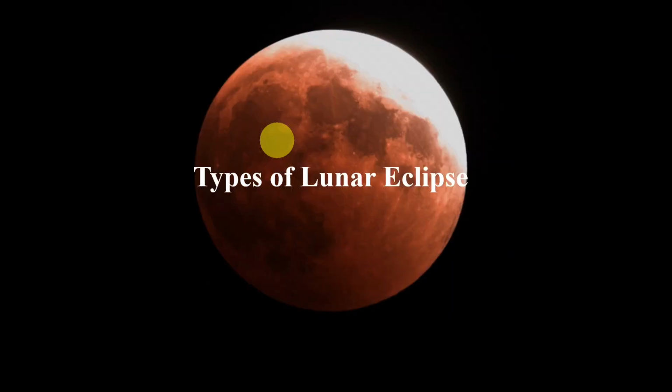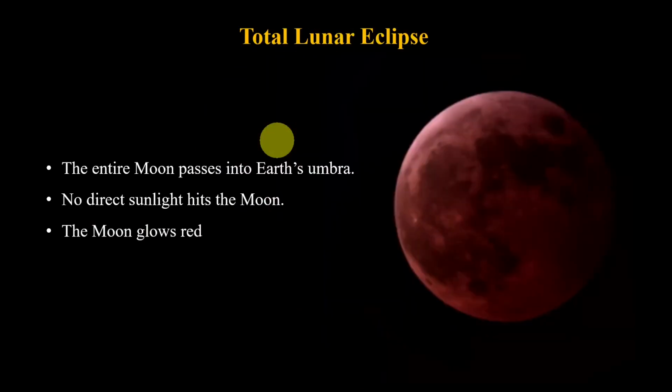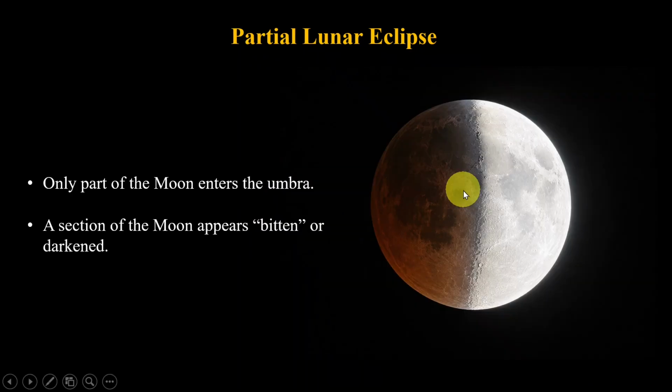So let us talk about types of lunar eclipses. Number one is total lunar eclipse. In a total lunar eclipse, the entire moon passes into Earth's umbra, and no direct sunlight hits the moon, and the moon glows red. Then we have the partial lunar eclipse.